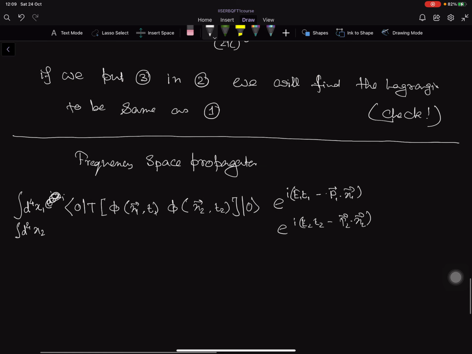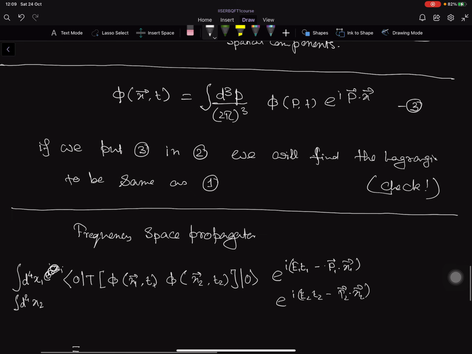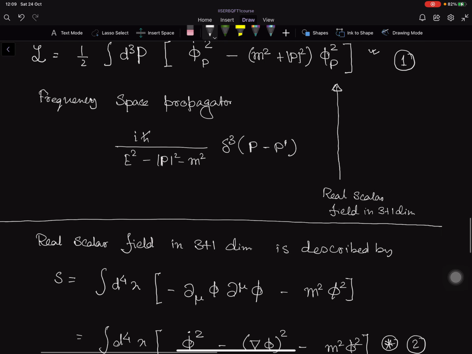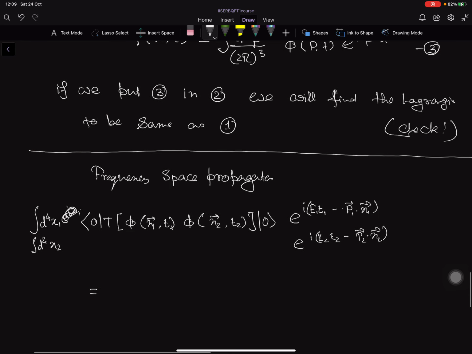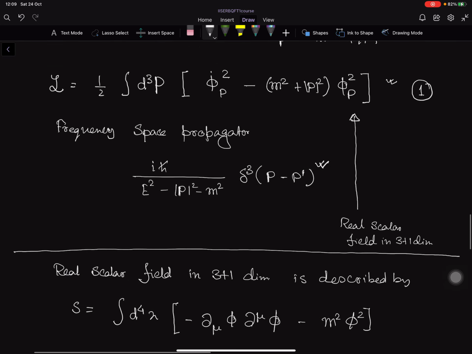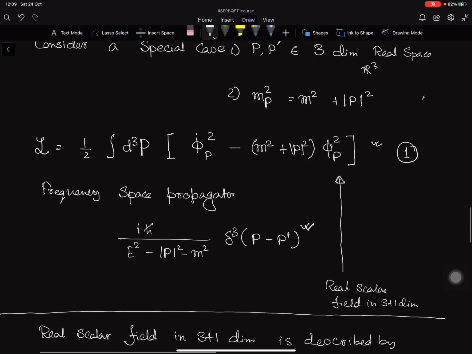Okay, and if we do that, what will we get? We'll simply get this expression. Why? Because we can first Fourier transform with respect to just the spatial coordinates, and in that case we'll just get the expression for the multiple scalar case.